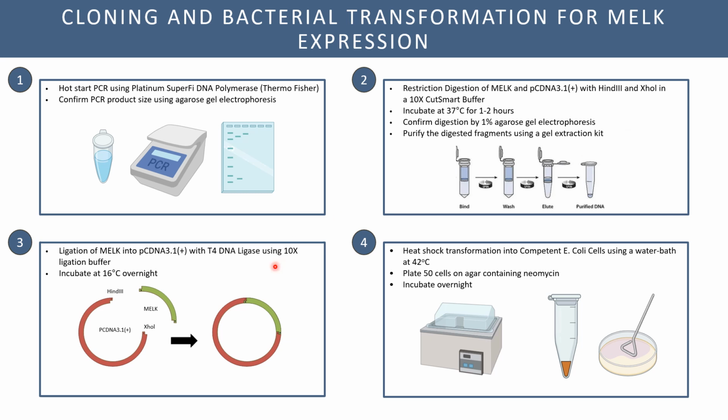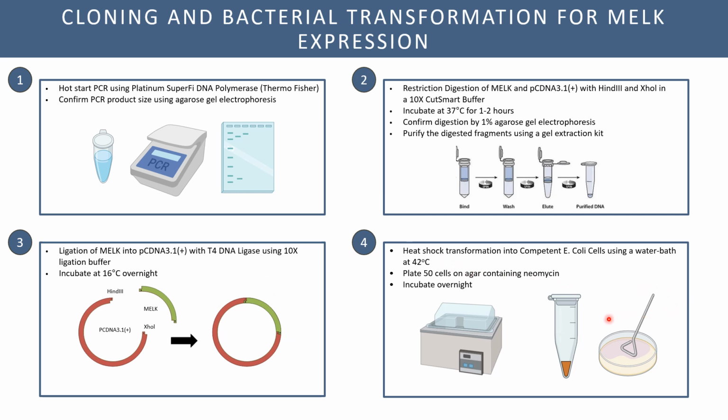The digested products will then be ligated using T4 DNA ligase, ensuring that MELK is inserted in the correct orientation for efficient expression. After that, it will be transformed into competent E. coli cells for plasmid propagation.